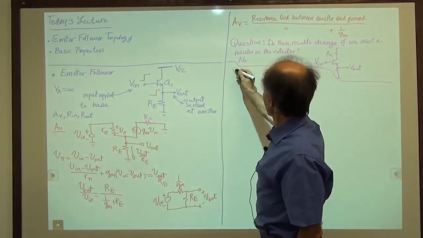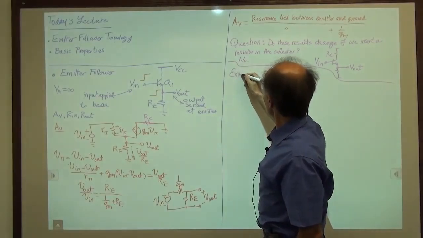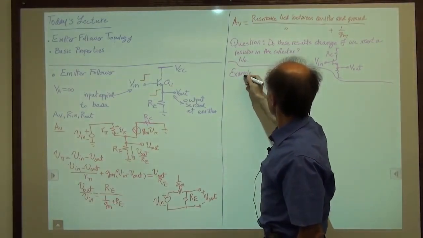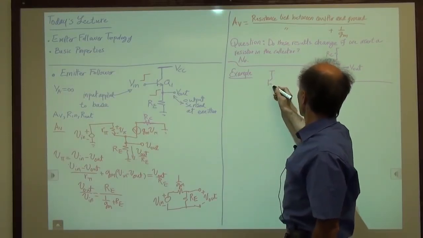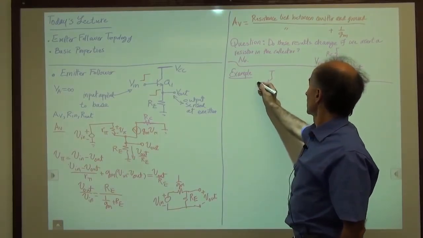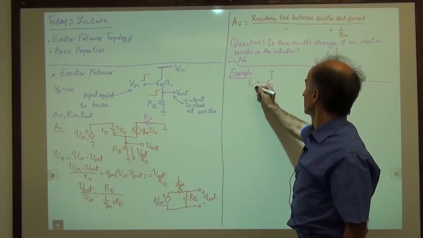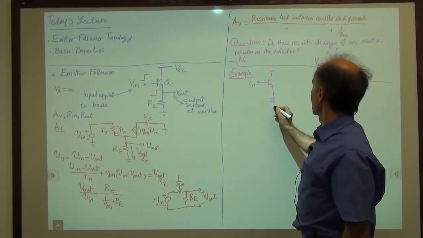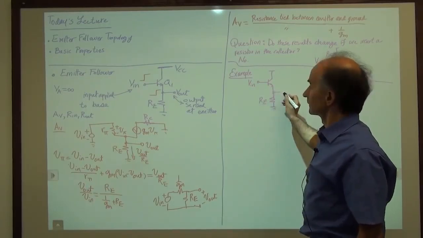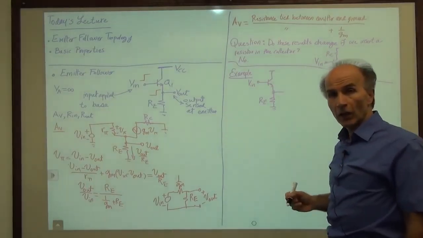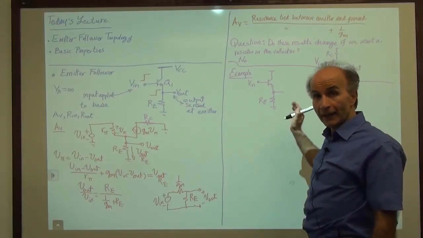Now let's go over a couple of examples just to warm up with the emitter follower. So here's an example I cooked up. We have an emitter follower receiving an input, and it has a resistor RE to ground. And now I add another stage.